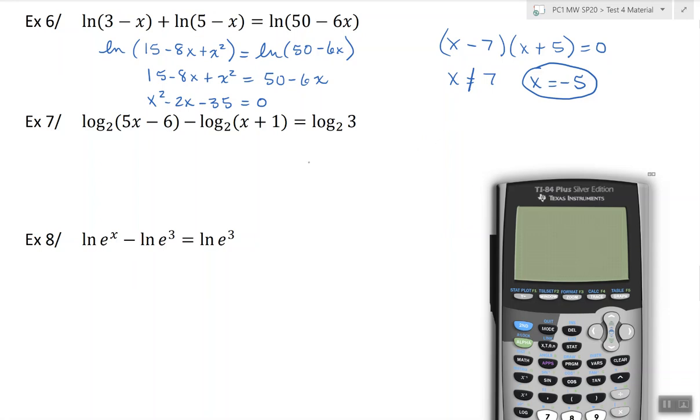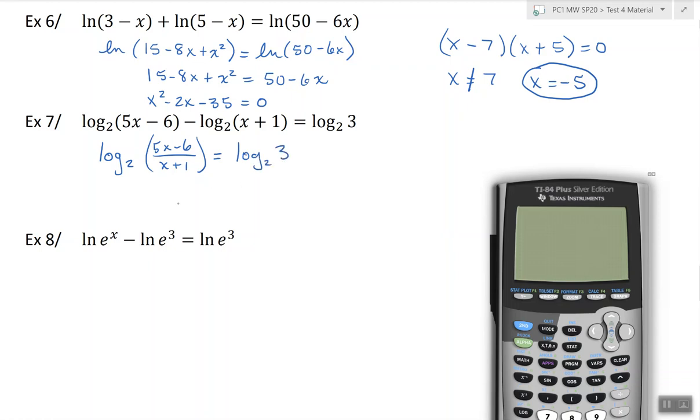All right, this is very similar to the one before. We have log base 2 of 5x minus 6 over x plus 1. We're subtracting logs, so we can write as a single log and divide the arguments. This is equal to log base 2 of 3.